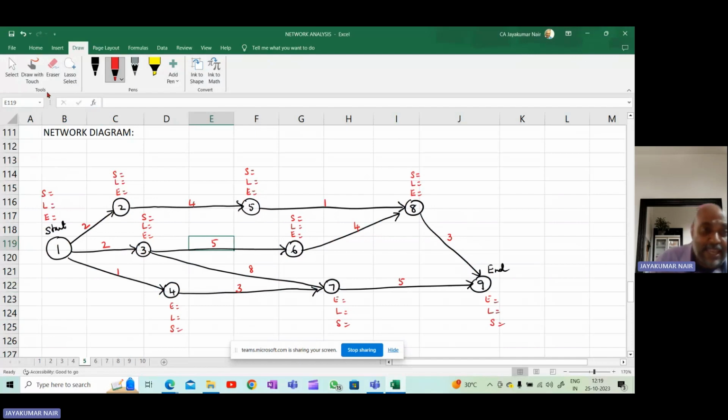Okay, so I've written E. Now I have to find out what is the E value, L value, and the S value. S is called slack. So how do we find out?